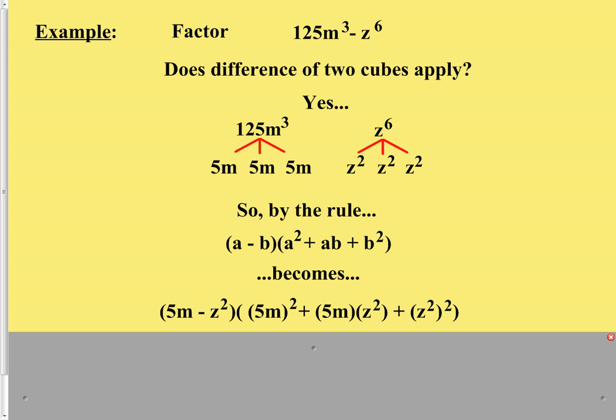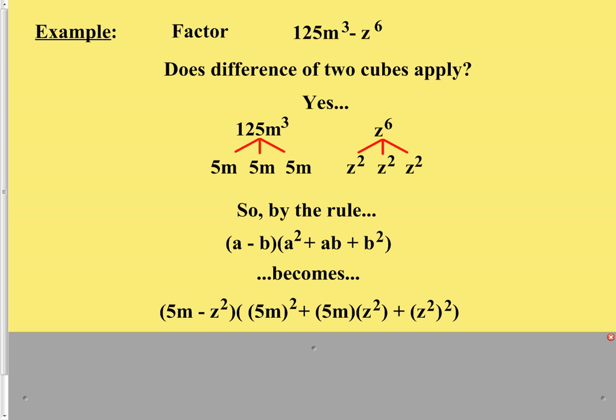The lead term on the trinomial, 5m, wants to be squared. 5 squared is 25, and m squared is m squared. In the center term on the trinomial, there's nothing that can combine there. You've got a 5 and some m's and some z squared, so they're just going to coexist in the center term. But on the trail term in the trinomial, you have z squared squared.